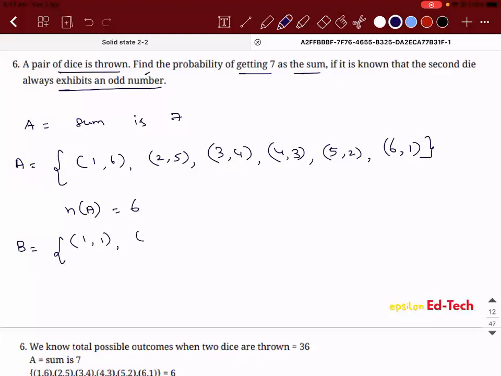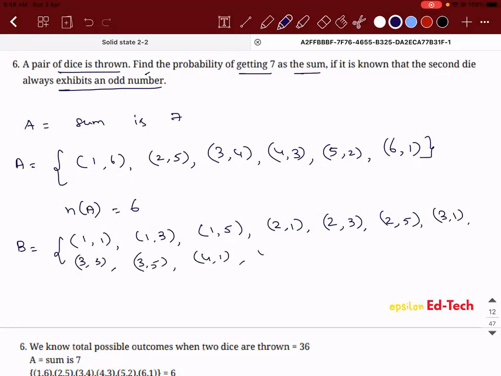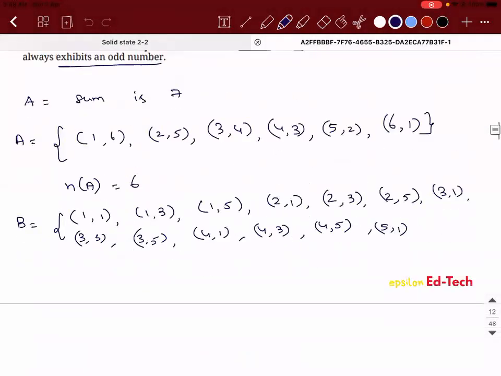So starting with 1, 1, 1, 3, 1, 5, 2, 1, 2, 3, 2, 5, 3, 1, 3, 3, 3, 5, 4, 1, 4, 3, 4, 5, 5, 1, 5, 3, 5, 5, 6, 1, 6, 3, 6, 5.